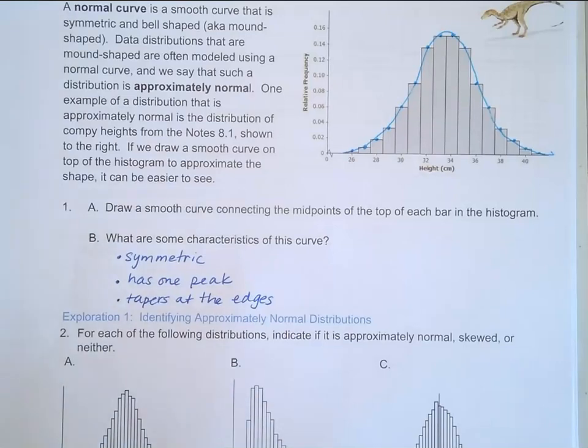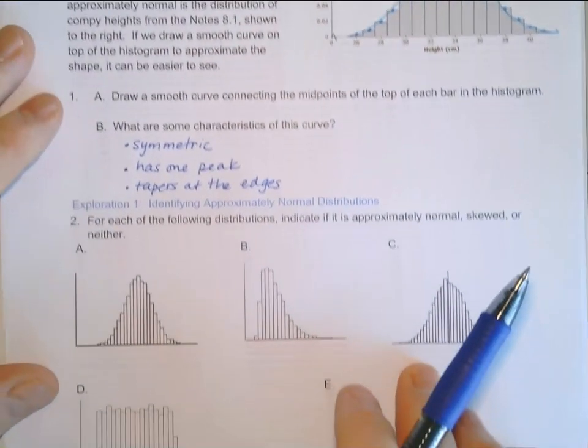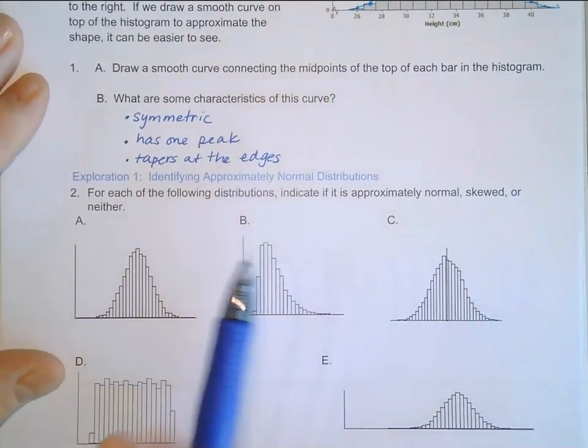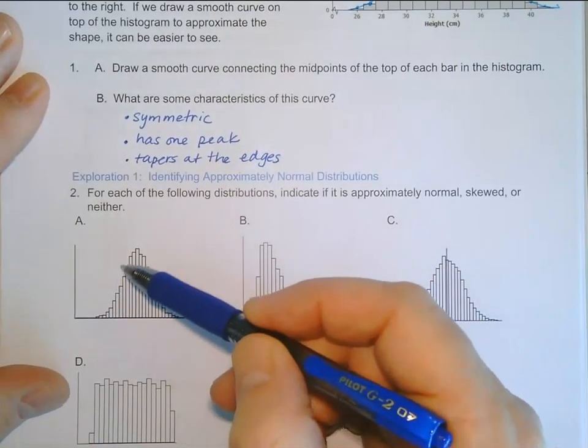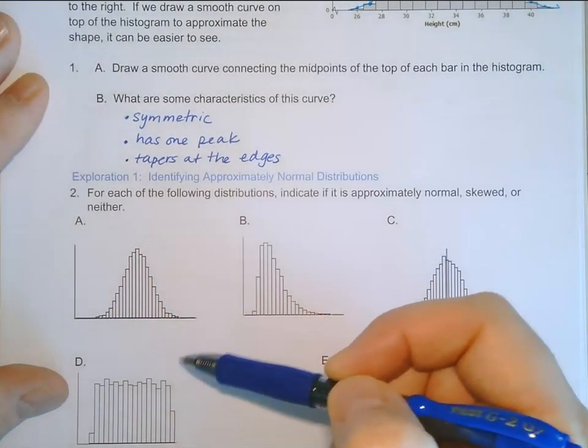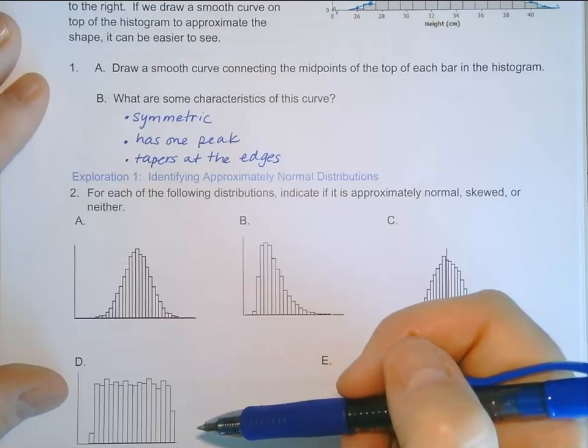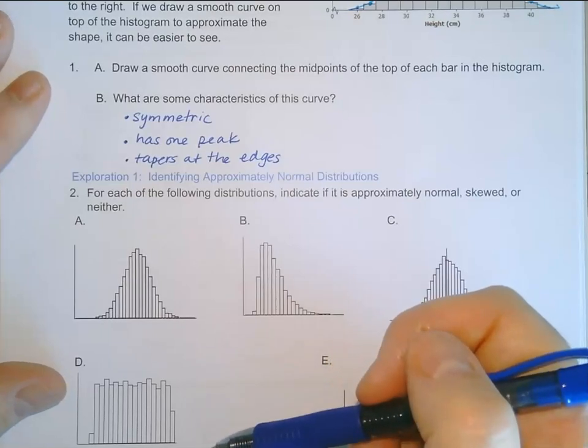Okay, so let's just take a quick peek here at the next section. It says, for each of the following distributions, indicate if it is approximately normal, skewed, or neither. What do you think about this first one, A? Does it look like it's approximately normal? Does it feel like it's skewed left or skewed right, or neither?